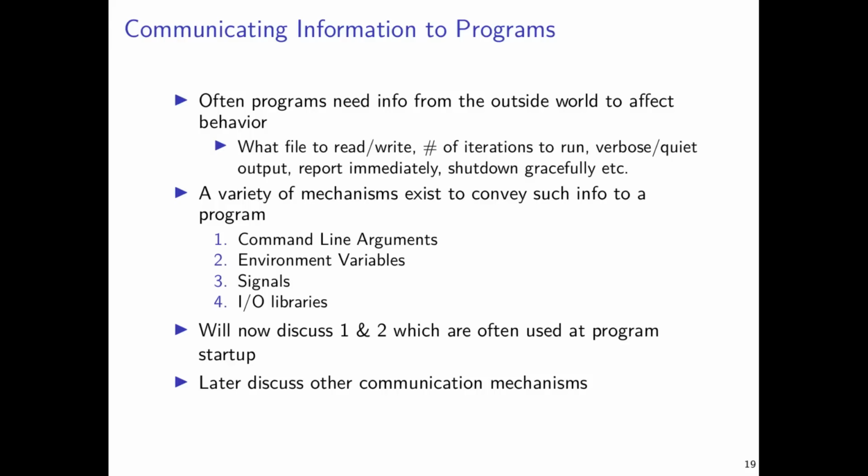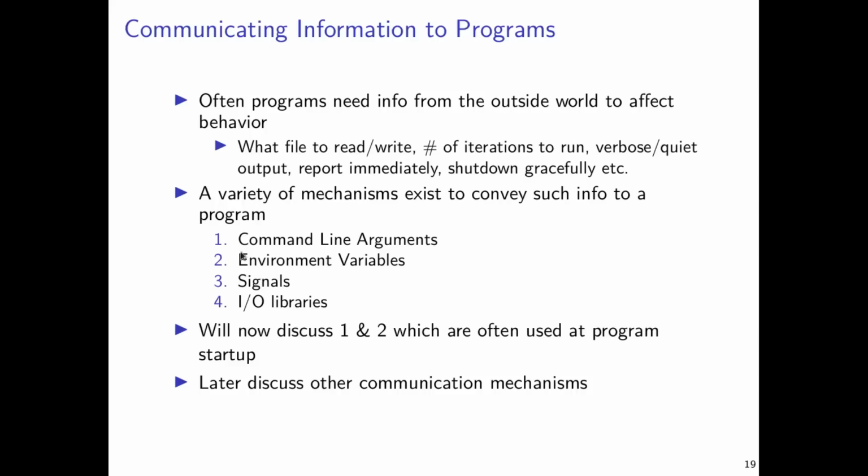So this business of command line arguments and environment variables has to do with communicating information to a program at startup mainly. And it's often the case that you would want to do this, for instance, to inform a program to read or write to a specific file, iterate for some number of times, print more verbose or less verbose output, or potentially issue some piece of information that asks the program to report immediately or shut down, although these latter two are more the purview of, for instance, a signal to say shut down or tell me what you're doing right now.